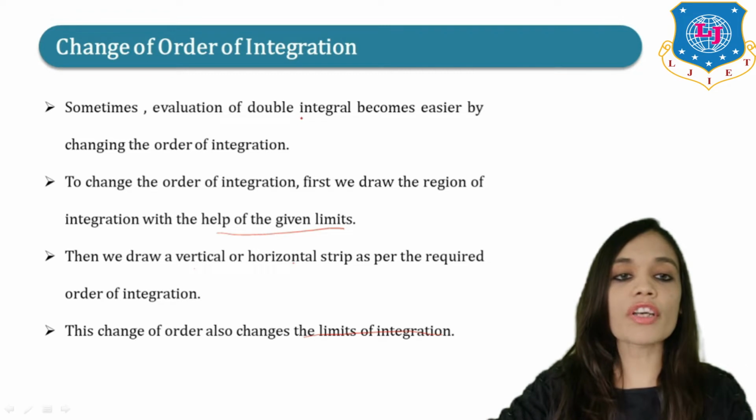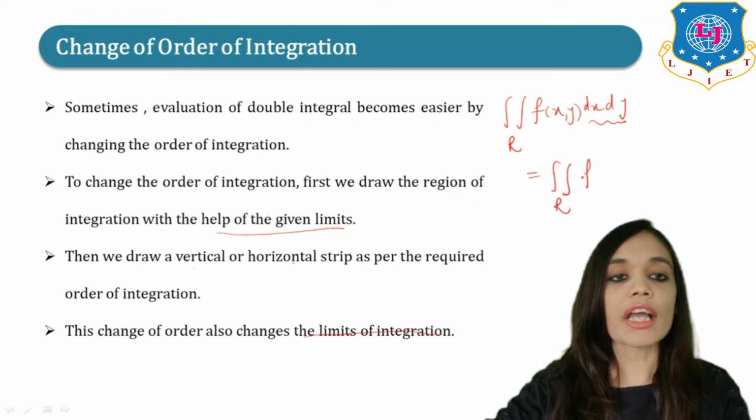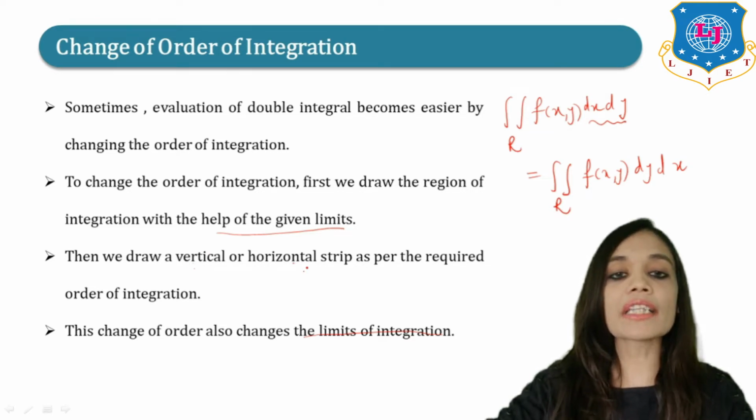So from this what we have studied, whenever we are given double integration over R f of x comma y dx dy, then we can change the order of integration, that is, we can solve using double integration over R f of x comma y dy dx using the following steps. Firstly we have to draw the region R, then according to the given limits we will draw our vertical or horizontal strip and then change the order of integration and change the limits of integration.